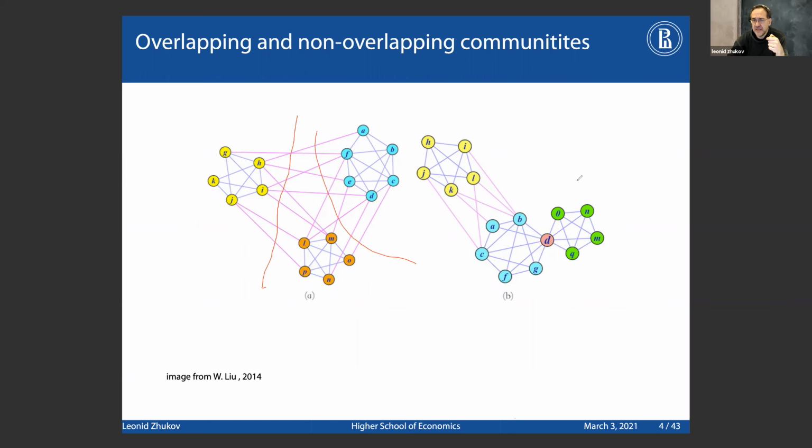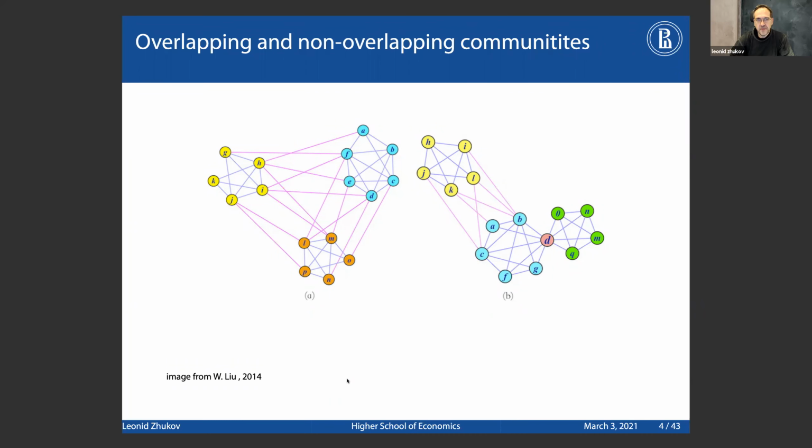On this side, we can split the yellow community from green and blue, but with this type of graph cut, we cannot split these communities. And so we're going to talk about two different types of algorithms, one for non-overlapping community detection, another one for overlapping community detection.